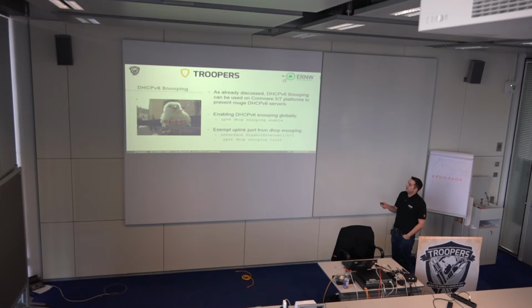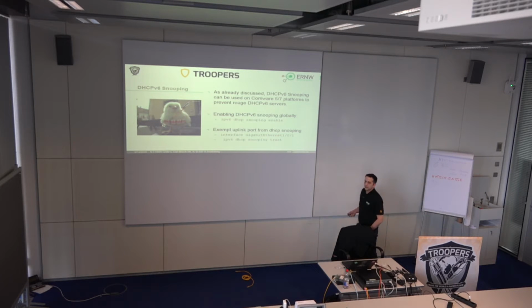We have to enable IPv6 DHCP snooping globally, and then like with ND detection, we have to exempt the trusted, legitimate port where the DHCPv6 server is connected, so that the legitimate DHCPv6 server can serve the clients with either addresses, DNS server or other DHCPv6 options.